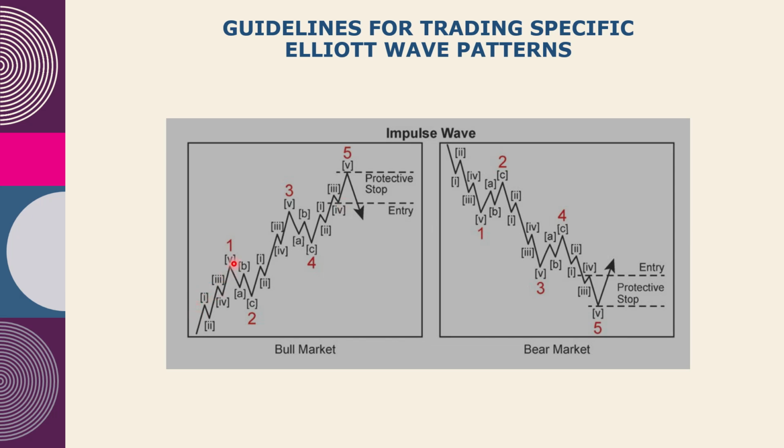This is wave 1, 2, 3, 4, 5 and this is first degree. In the second degree, at the end of wave 4, we can place an entry and get into a position. And when we enter here, the protective stop goes right at the peak of wave 5.